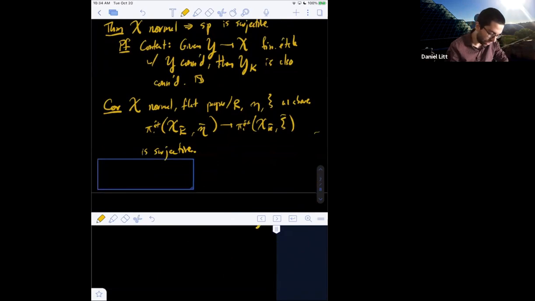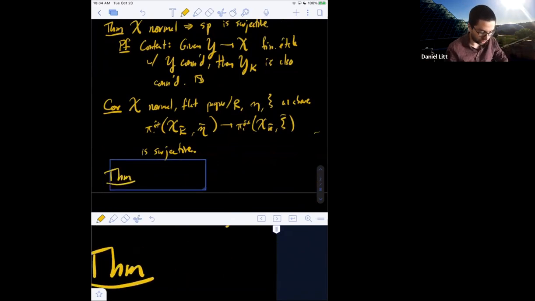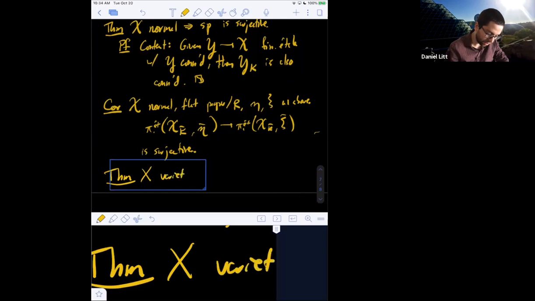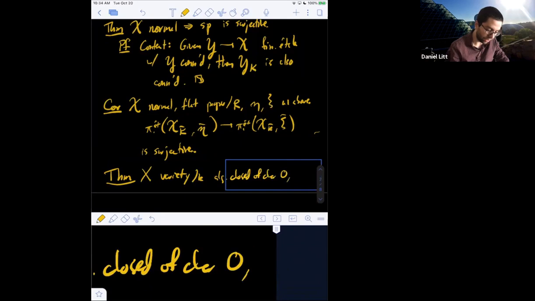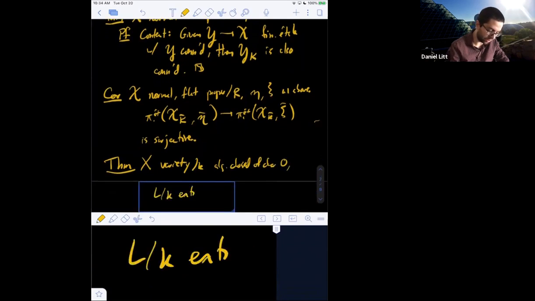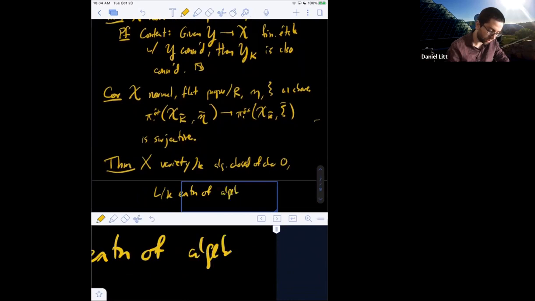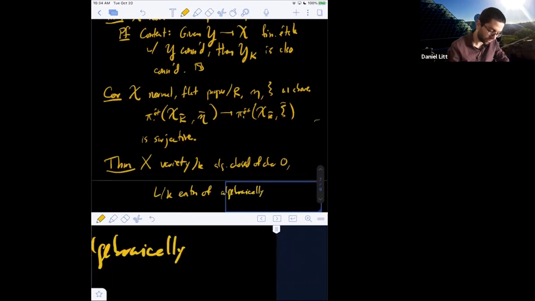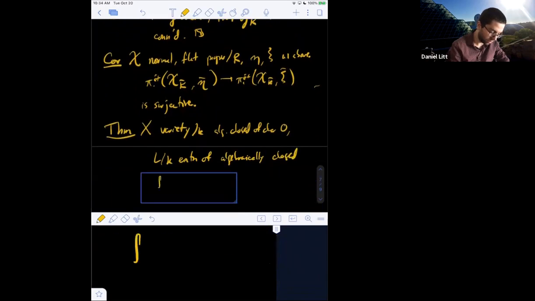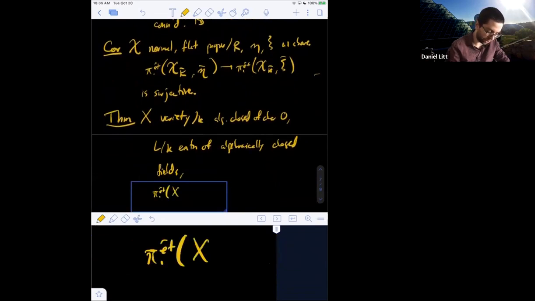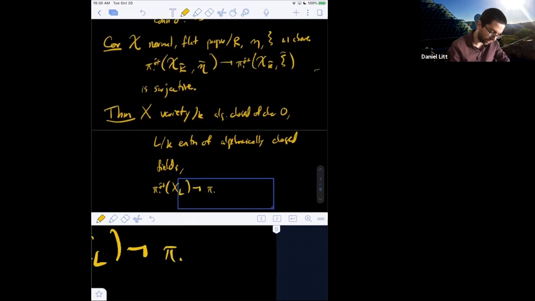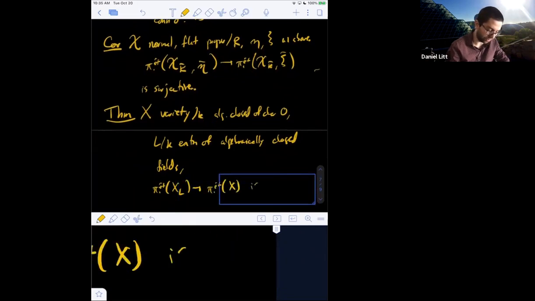So finally, the theorem is that if X is a variety over k, which is algebraically closed of characteristic 0, and L over k is an extension of algebraically closed fields, then we have an induced map, and I'll suppress base points, from pi1 of X_L to pi1 of X. And this is an isomorphism.